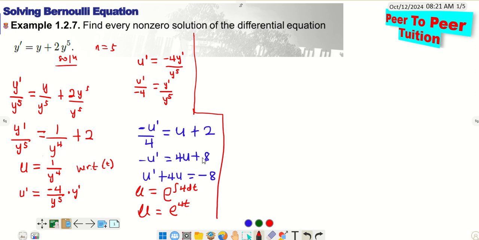The next thing is to multiply through this linear differential equation.